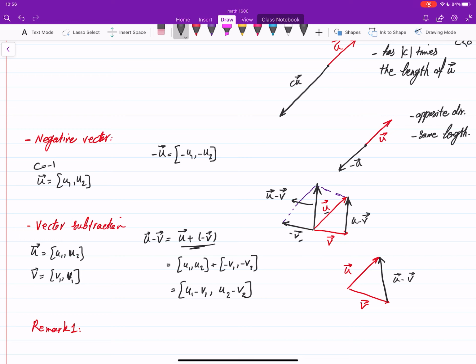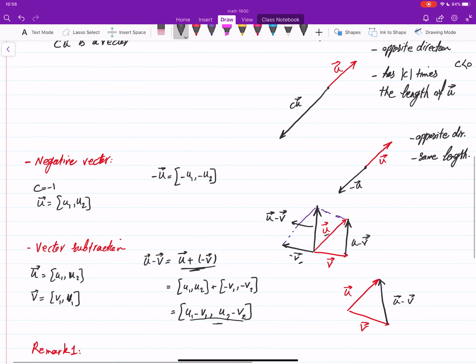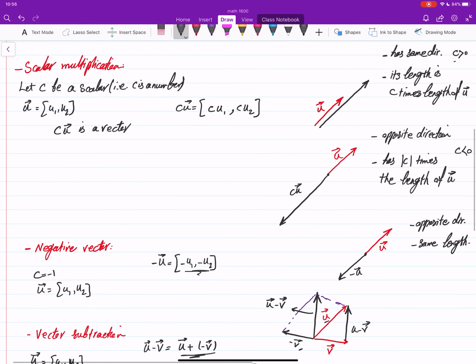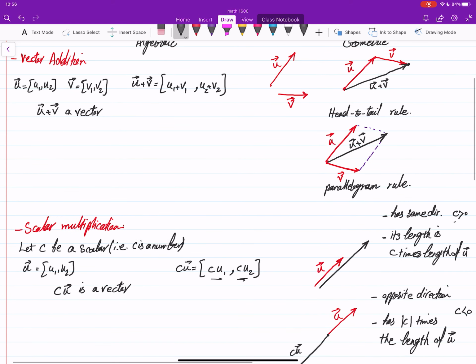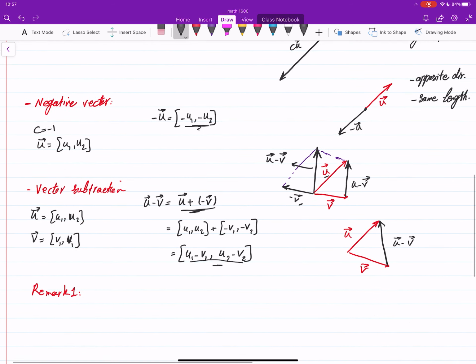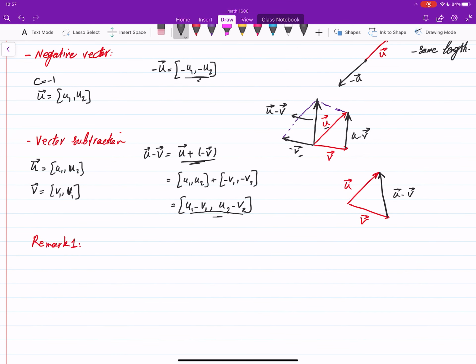Subtraction, you subtract corresponding components. Negative, you negate all the components. Scalar multiplication, multiply the scalar to all the components. Adding, you add the corresponding components. All these operations are done component wise.